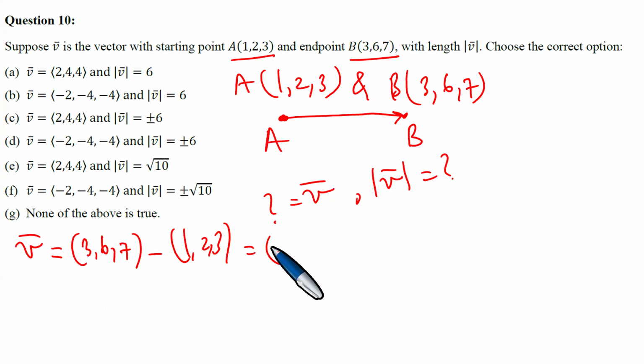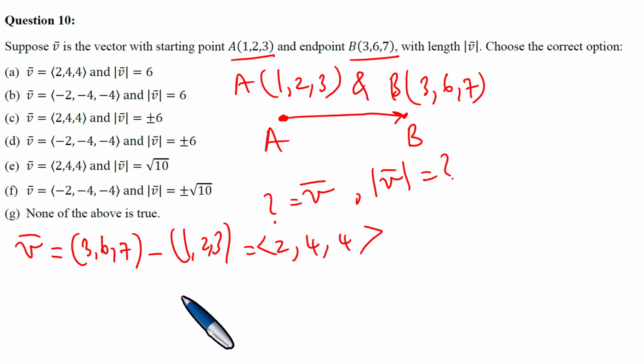Therefore you have 3 minus 1, which is 2, 6 minus 2, which is 4, and 7 minus 3 gives us 4. This becomes a vector, so you have 2, 4, 4.